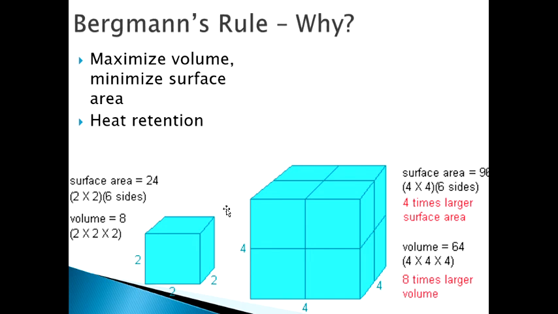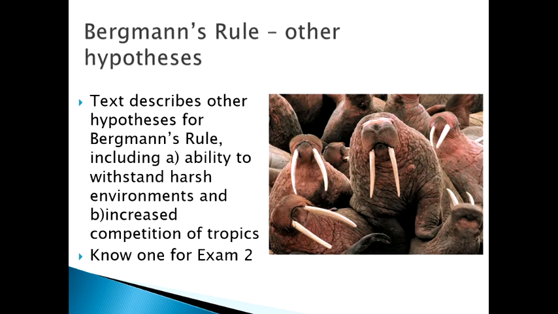Basically, getting big is good in colder temperatures where there is a heat budget deficit for the Earth so that the animal living there can retain more heat. There are other possible hypotheses. The book talks about several, so I'm going to direct you to read the book, and I'm going to give you the helpful dude tip here that you should know, meaning understand, meaning be able to explain at least one of these for exam 2.